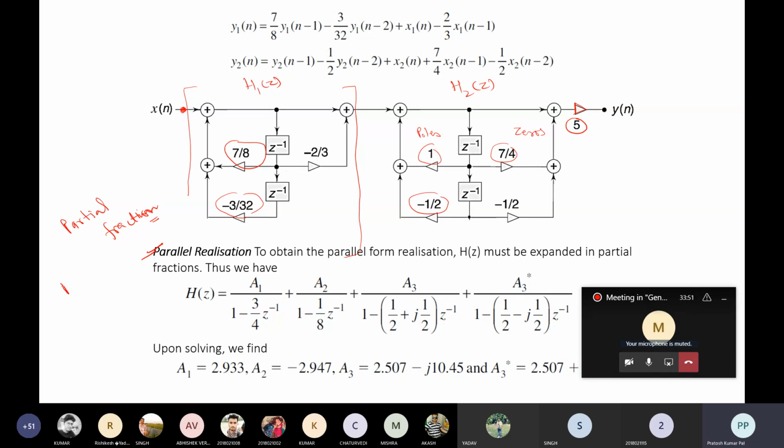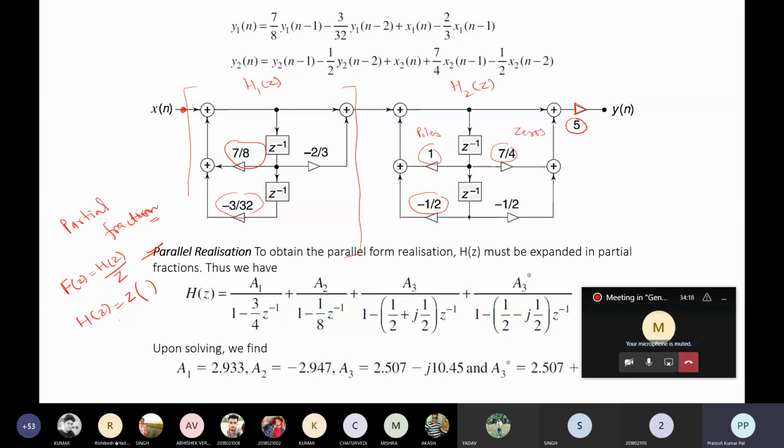To realize it, whatever h of z is given, we will be considering h of z divided by z, and we will be doing the partial fraction. After doing the partial fraction, we will be finding h of z by multiplying this term. Once we have found h of z, we can realize it individually.